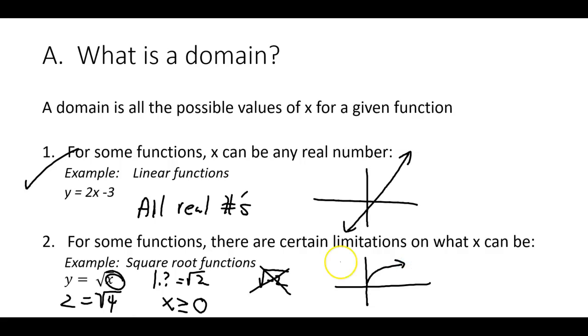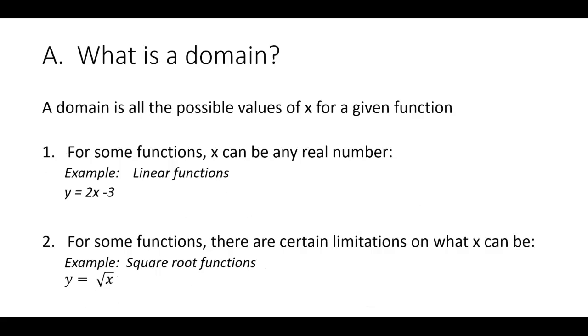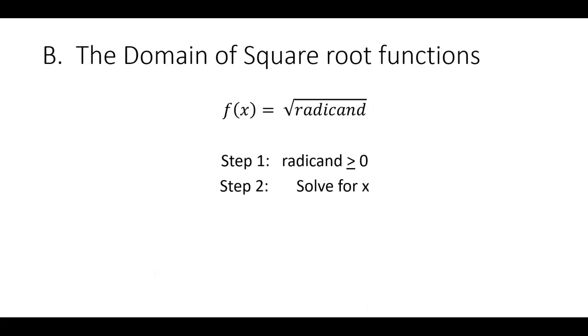Notice that it doesn't exist on the left side of the graph. There's nothing over there because that's where all the x values are negative. So the graph doesn't even exist over there. You can kind of see the restrictions there. So domain is all the possible values for x, and square root functions have limitations. All right, so that's our first thing that we're talking about there.